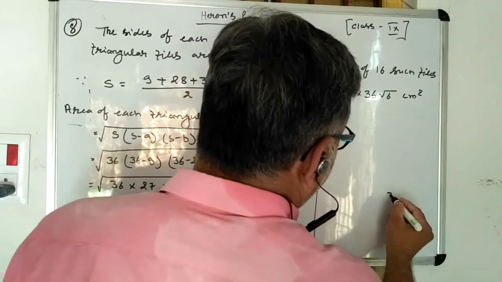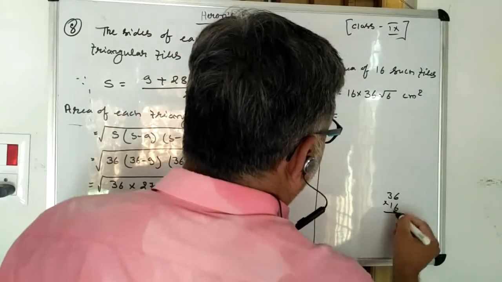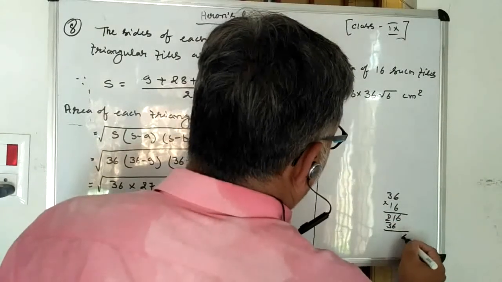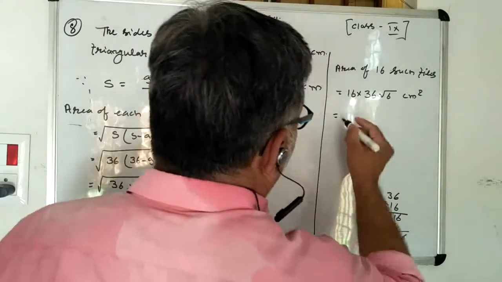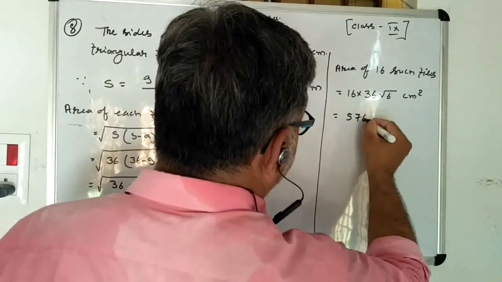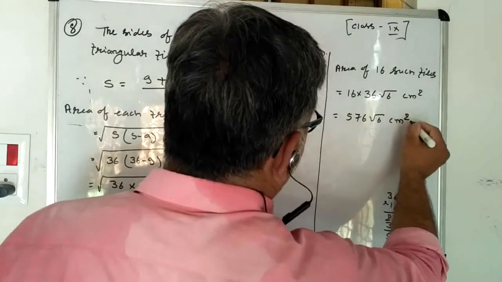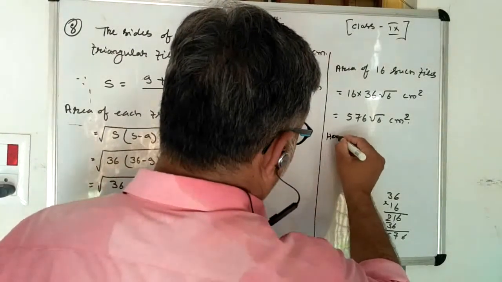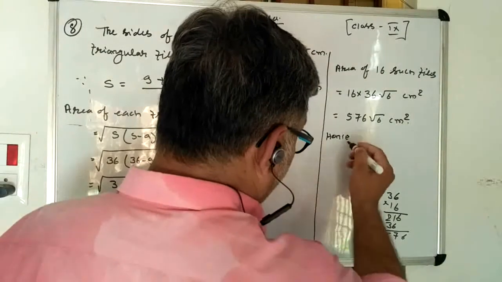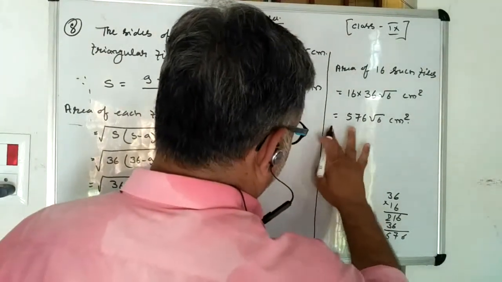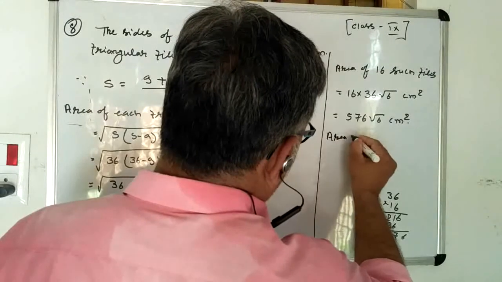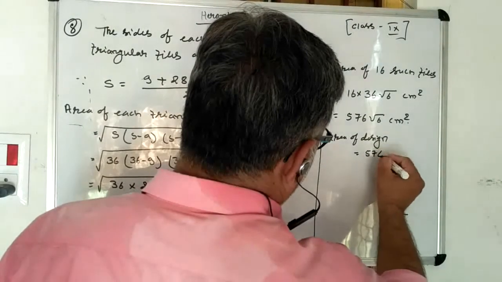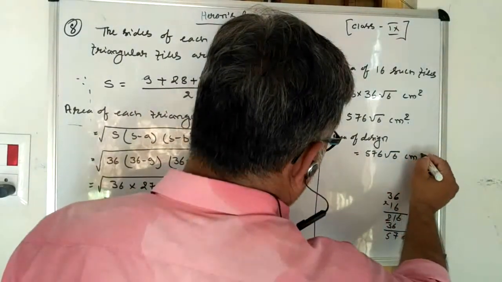When you multiply 36 with 16, it will be 576 root 6 centimeter square, which is the area of 16 such tiles. So the area of the design equals 576 root 6 centimeter square.